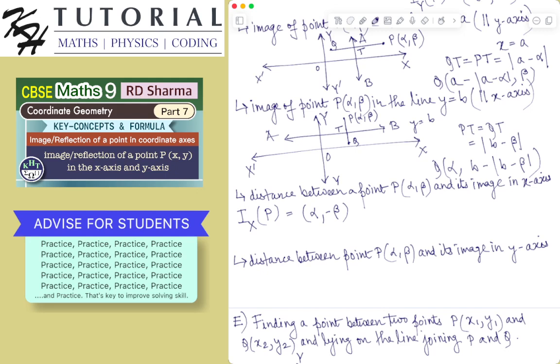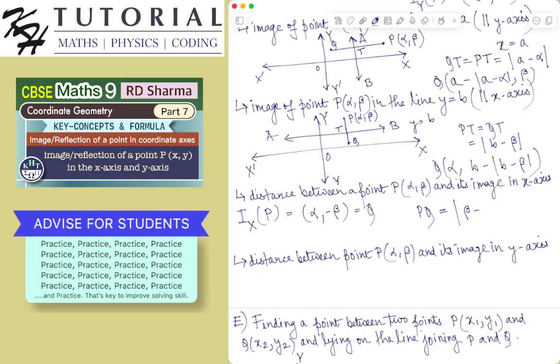So let's say the image of the point P is Q. So what will be PQ? That is the distance between the point P and its image Q taken in the x-axis. It will be obviously the absolute value of the difference of the ordinates of P and Q. Ordinate of P is beta.